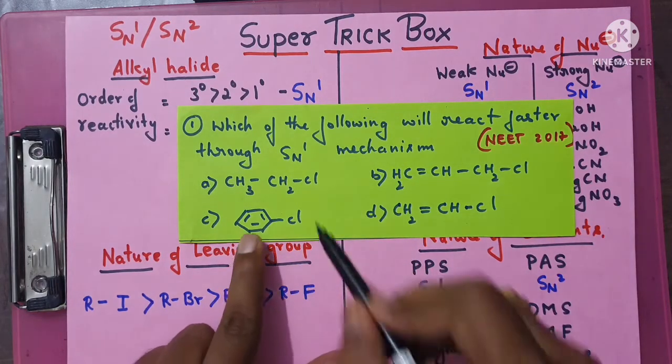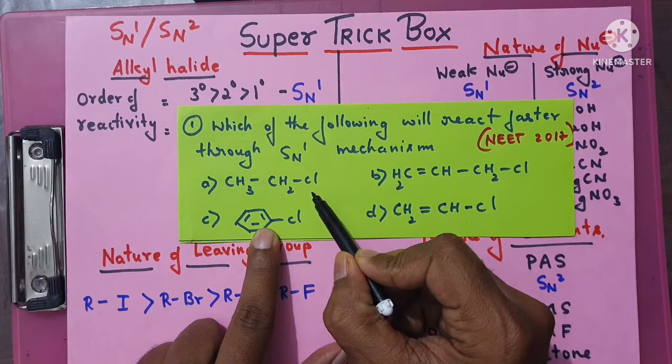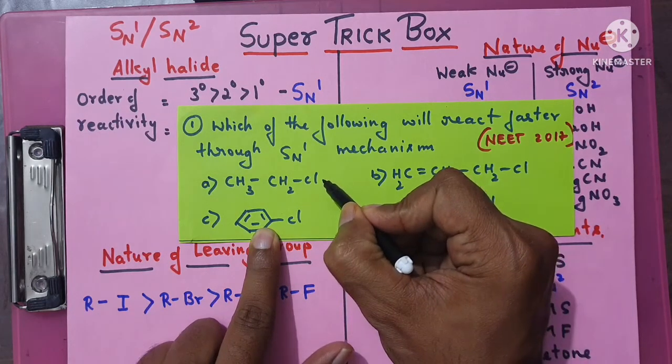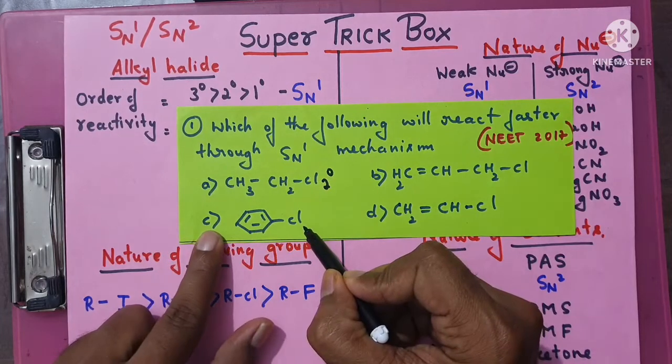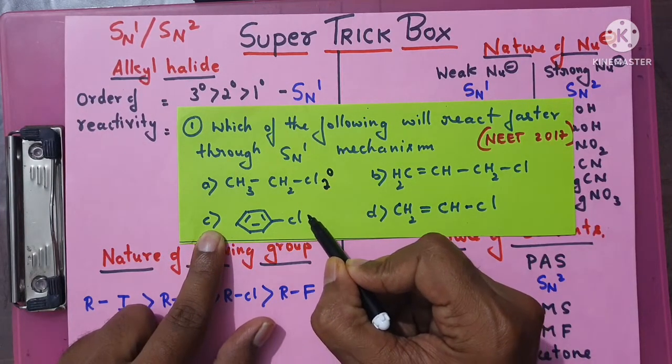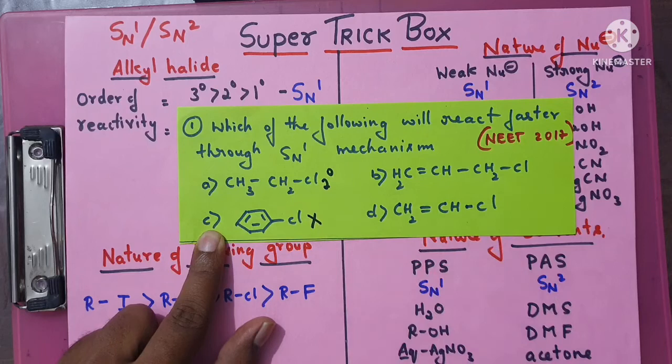Option A is a secondary alkyl halide. This is an aryl halide, it does not undergo SN1 mechanism.